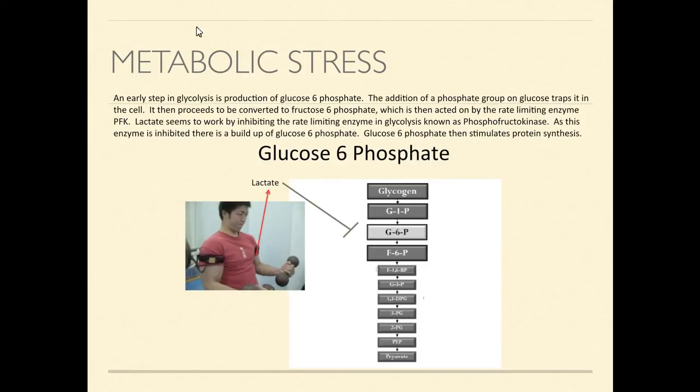Lactate seems to work by inhibiting phosphofructokinase, the rate-limiting enzyme in glycolysis. So what does this mean? If the enzyme is inhibited, there's a buildup of glucose 6-phosphate, and glucose 6-phosphate stimulates protein synthesis. Again, to shorten this up: lactate inhibits phosphofructokinase, so you have a backup of glucose 6-phosphate, and glucose 6-phosphate seems to trigger a protein synthesis response.